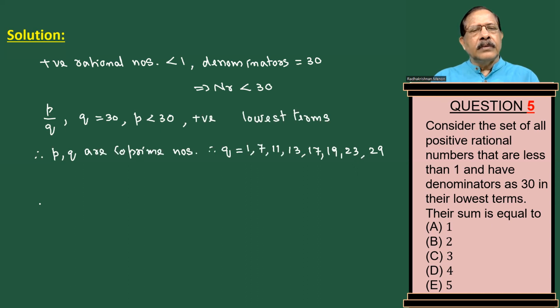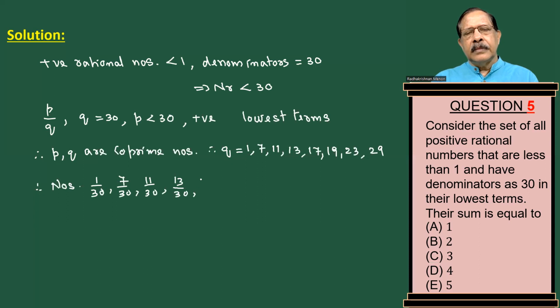Therefore, you can write the numbers 1 by 30, 7 by 30, 11 by 30, 13 by 30, 17 by 30, 19 by 30, 23 by 30, 29 by 30.